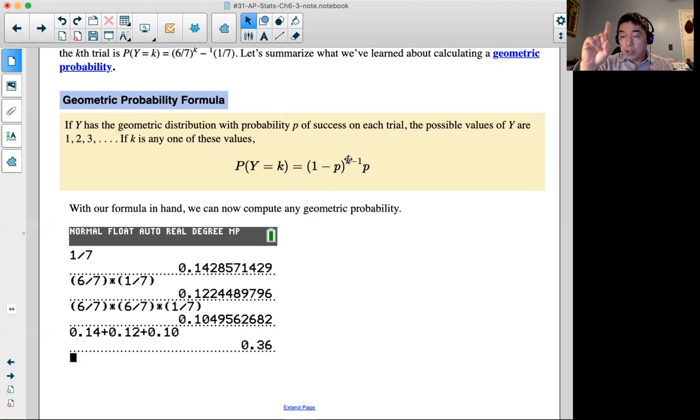If you plug in 1, if you hit the first time, this is going to be the 0th power, so the product of the failure part is going to be 1. In that case, all you have to think about is the probability of success, right? That's why it's 1/7 at the beginning. Okay, I hope you understand this.